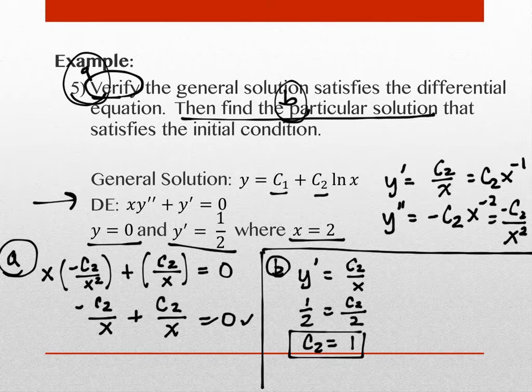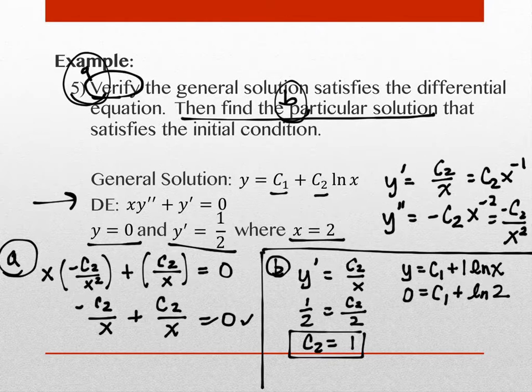Which means I can take the original general solution, y equals C1 plus C2 natural log x, and plug in C2, which is 1. And now I can use the other information I was given for my particular point, which says that when x is 2, y is 0.